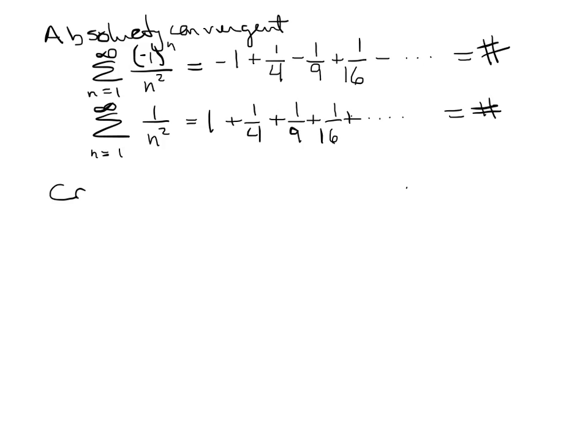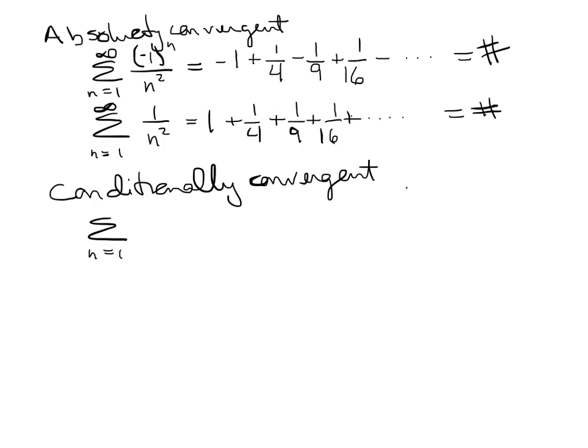The conditionally convergent, an example of this, is the sum from n equals 1 to infinity of negative 1 to the n over n. So for this one, if we start with n equals 1, that's negative.